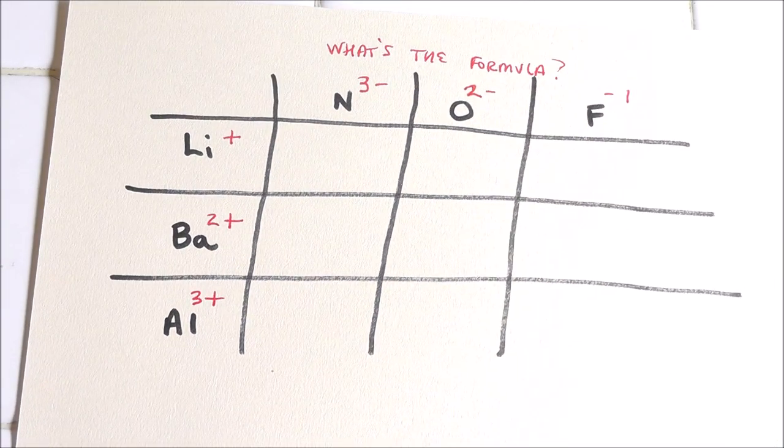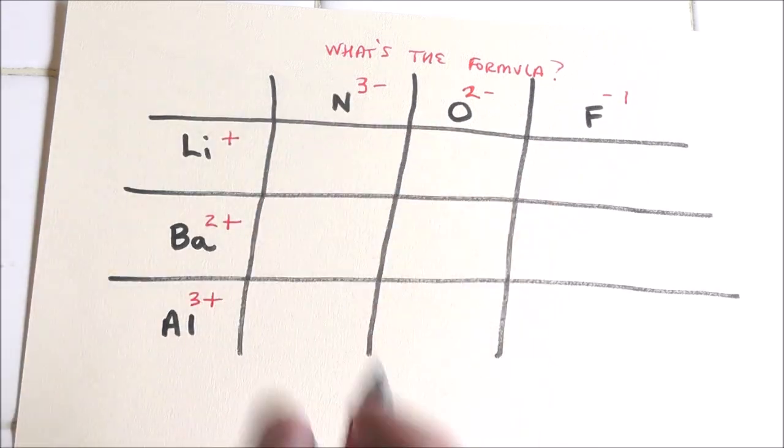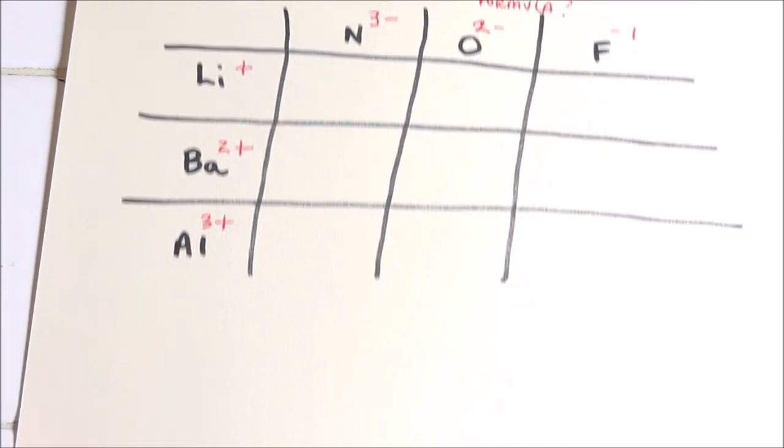Now we're going to go make formulas. And you're going to do whichever one of those ways you like. But you can tell that lithium and nitrogen, if you get good at this, you've done them all. But that can't happen in a 1-to-1 ratio. You flip the numbers, whatever, a positive 1 and a negative 3 can't go together. You're going to need 3 lithiums in order to make that work.